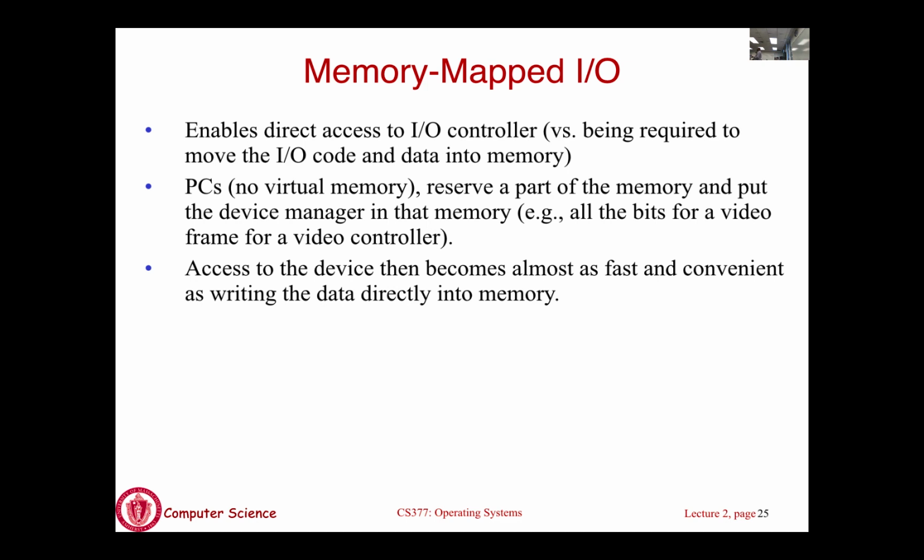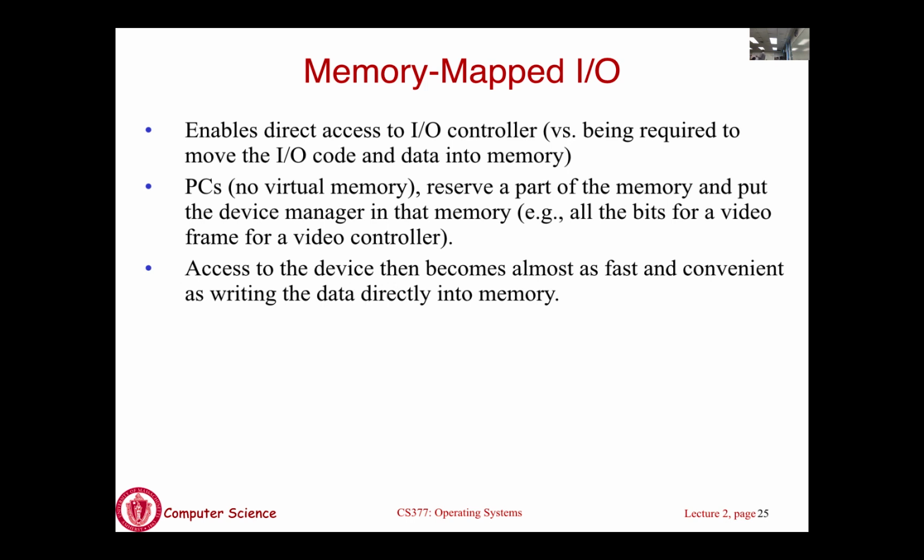You essentially pick an address and then you either read from that memory address or you write to that memory address. What memory mapped I/O does is it takes a device and gives it a special set of memory addresses. Those are not real memory addresses, they are fake addresses, but those addresses refer to that device.